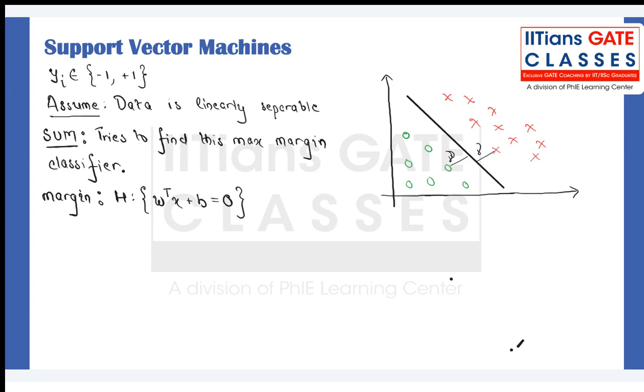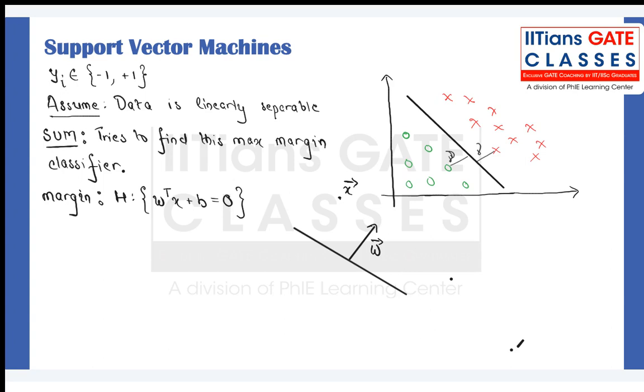Pictorially, let's take this as the hyperplane, and let's take this as a vector W. This is the vector W, and this is the hyperplane. Let's consider any point X over here.